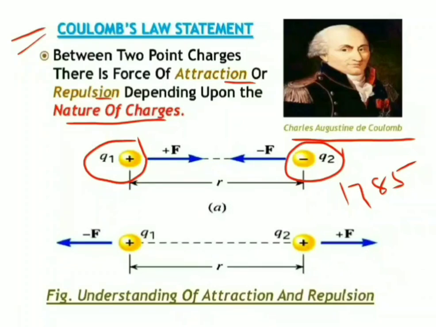And again we have another diagram where we have two similar charges. Okay, q1 is positive and q2 is also positive, and again separated by this finite distance which is represented by r. And the two forces F are acting in this diagram.